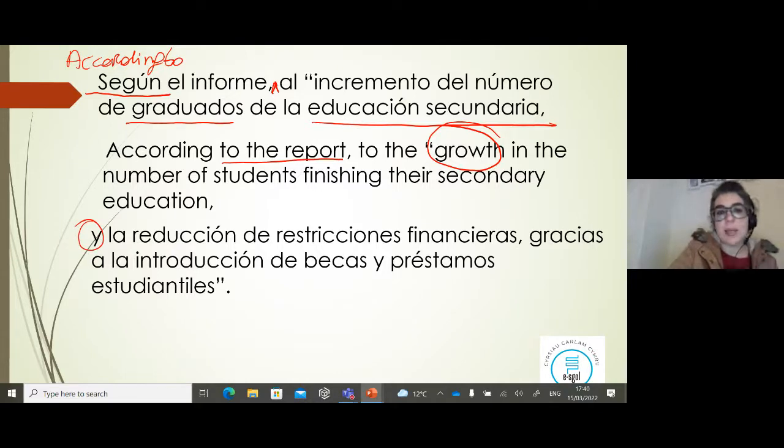Y la reducción de restricciones financieras could be the reduction of financial restriction.